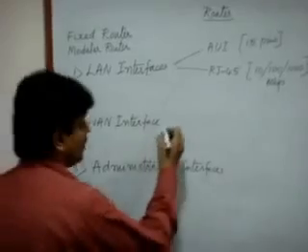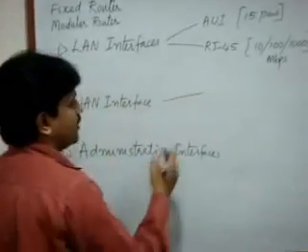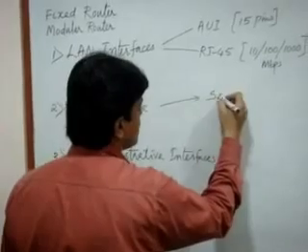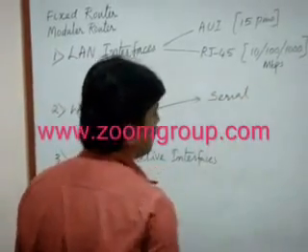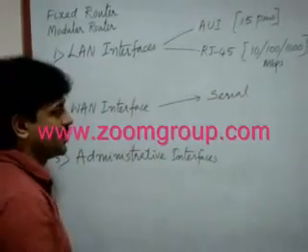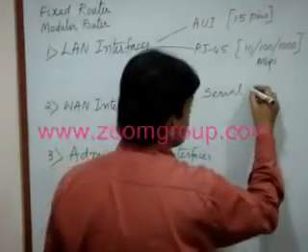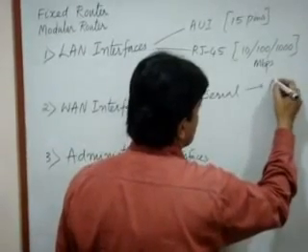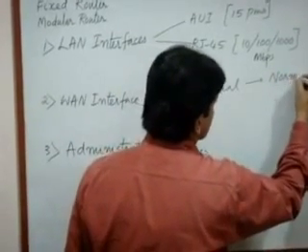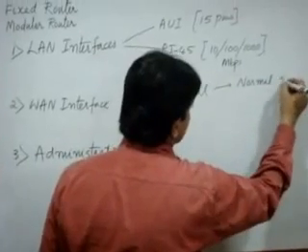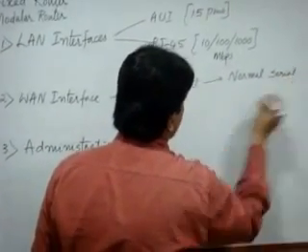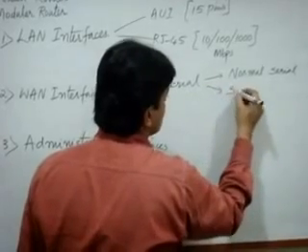What are the interfaces first of all? For WAN interfaces, we have serial. The serial interface is for WAN connectivity. In serial, again there are two types. The first is the normal serial, and the second is the smart serial.